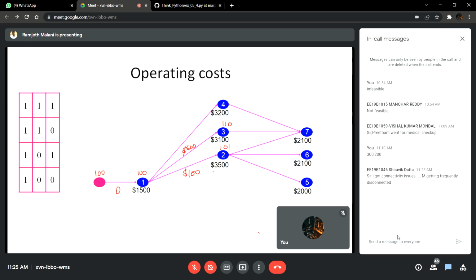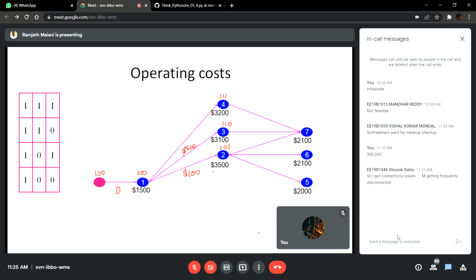Now, what is state 4? 111. To move from the first state to the fourth state, what do we have to do?